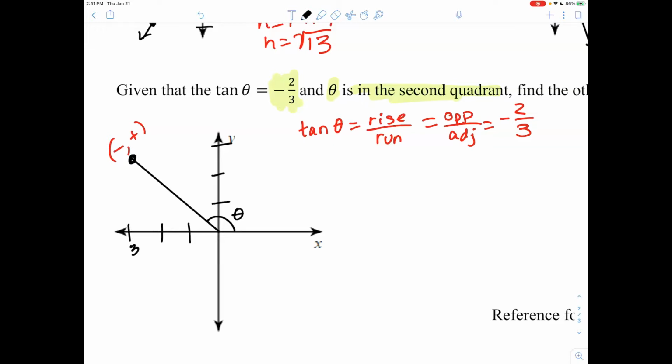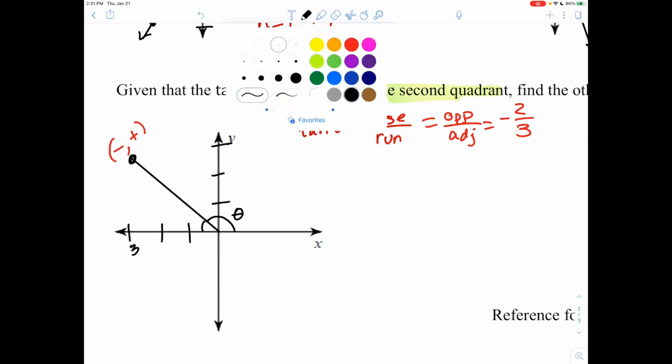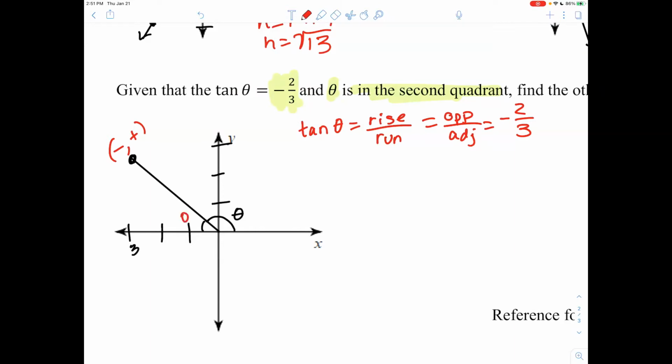So again, we need this reference angle here. We need to connect this point on our terminal side to the x-axis and then look at our reference angle. This is the angle that we're going to use to find our sine, cosine, tangent, and so on. All right, so this is a rise of 2, right?